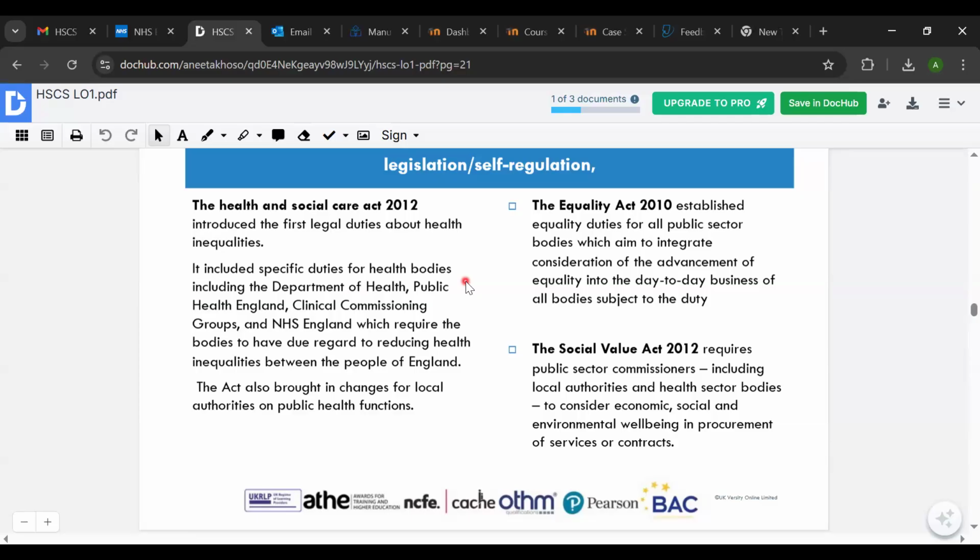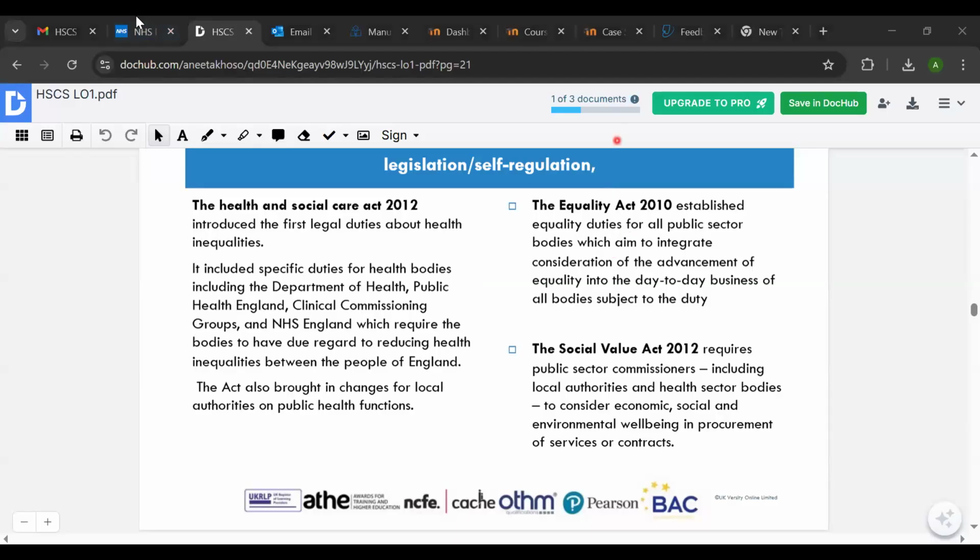These required the bodies to have due regard to reducing health inequalities between the people of England. This act also brought in changes for local authorities on public health functions. So this is one that we know about.